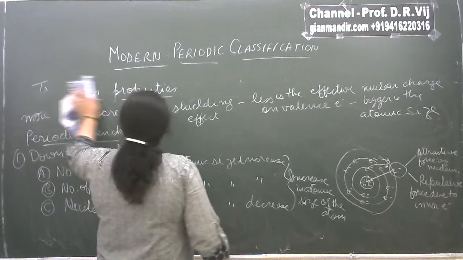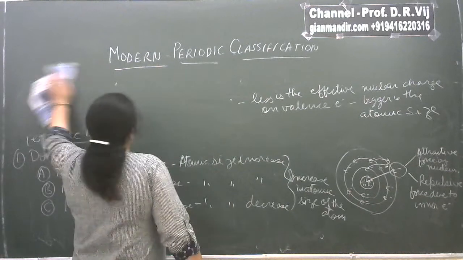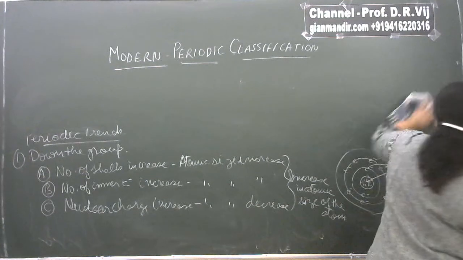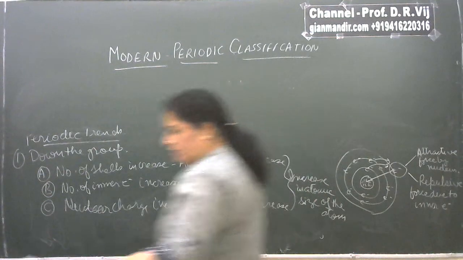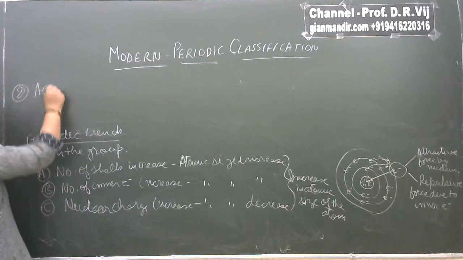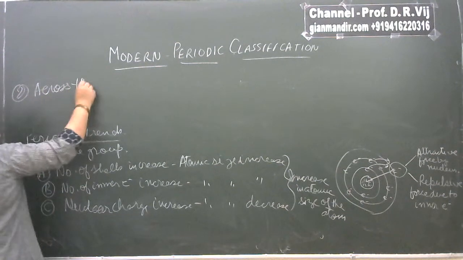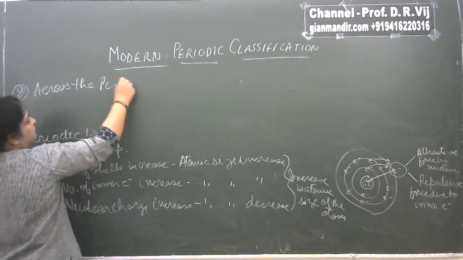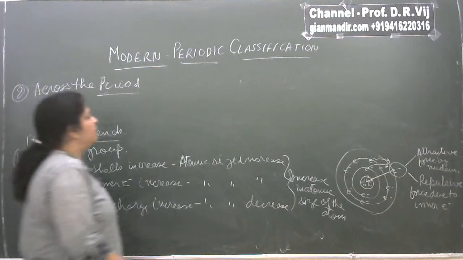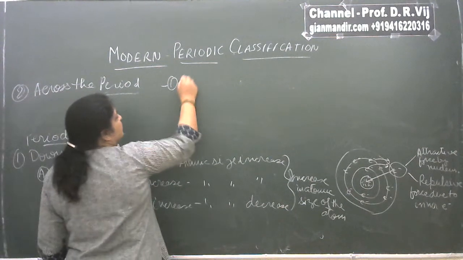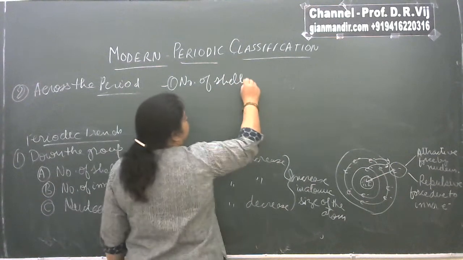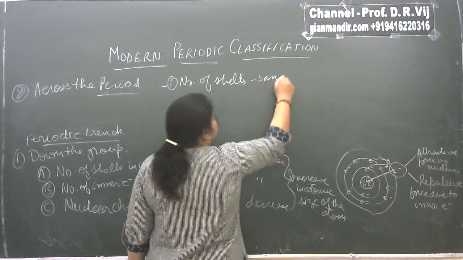And now we can look at the period. Till now we were discussing the group, and now we would like to discuss across the period. So if we talk about across the period, see what the factors are. If we talk about number of shells, they remain same.